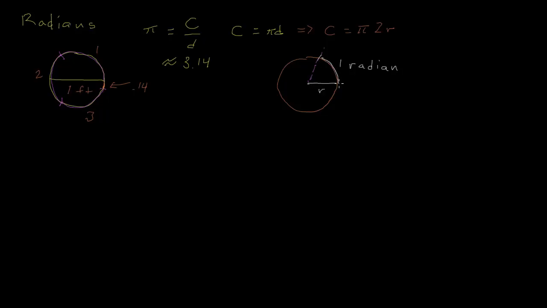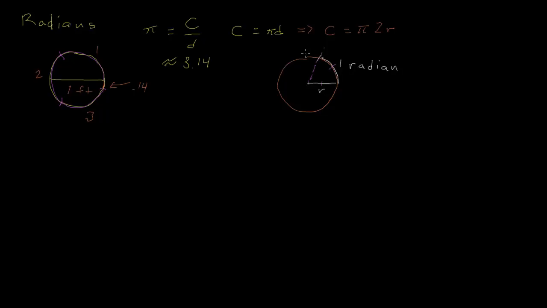Now that radius is a straight line, but this arc is obviously curved, and so it's a little less than 60 degrees. If this were a straight line equal to the radius, then it would be 60 degrees. But it's really about 57 degrees because we're not traveling in a straight line. Hope that makes sense there.